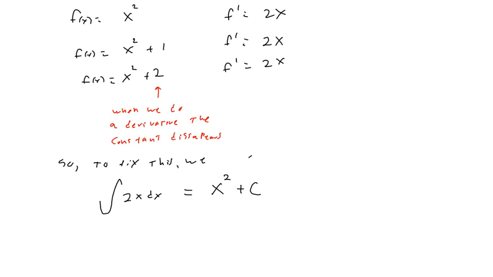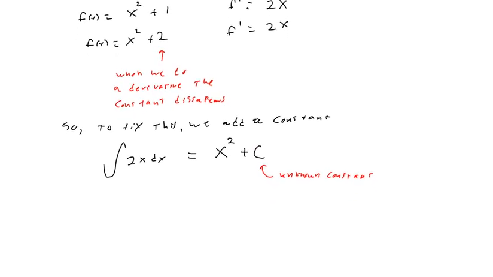To do this, we add a constant. So this plus c is the potential unknown constant that we add to every integration. And every single indefinite integral is going to have this potential constant that we add.